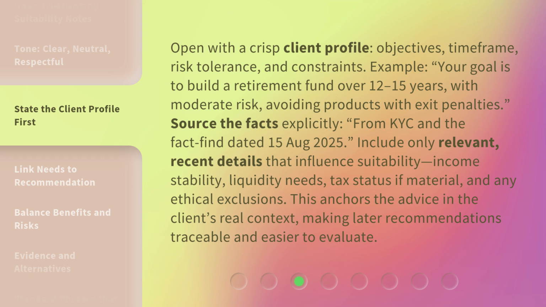Include only relevant recent details that influence suitability: income stability, liquidity needs, tax status if material, and any ethical exclusions. This anchors the advice in the client's real context, making later recommendations traceable and easier to evaluate.